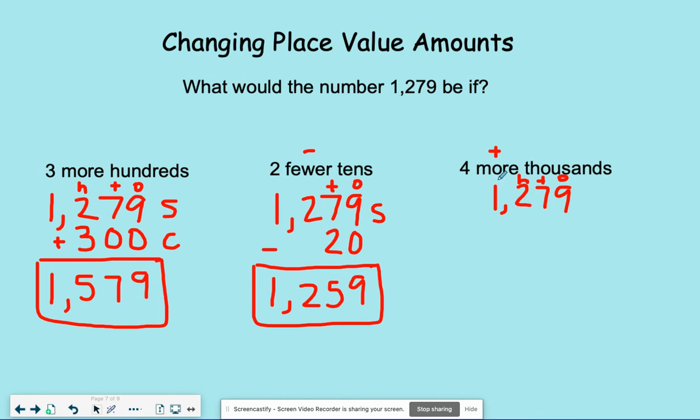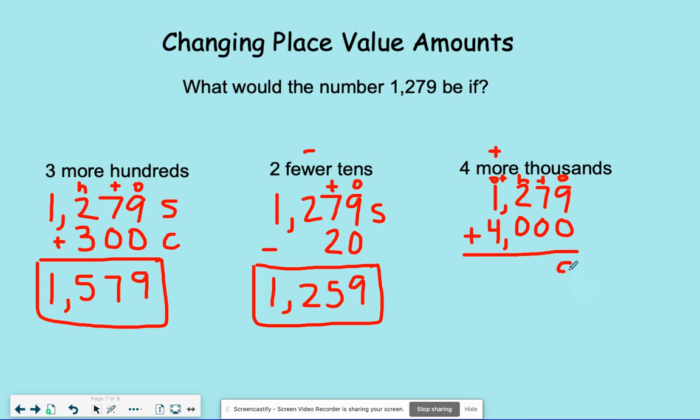The comma means thousands, so we have 1,000. And we want 4 more, so we're going to put a 4 under it. We can add zeros after it because 4 more thousands just means 4,000. And now we're going to add because we need more.